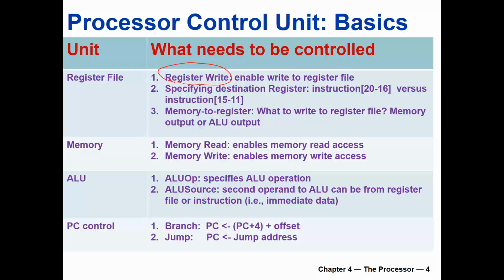Sometimes the destination register, based on the format, is specified by bits 16 to 20 or bits 11 to 15. How do we resolve these two? How do we determine the correct destination register?